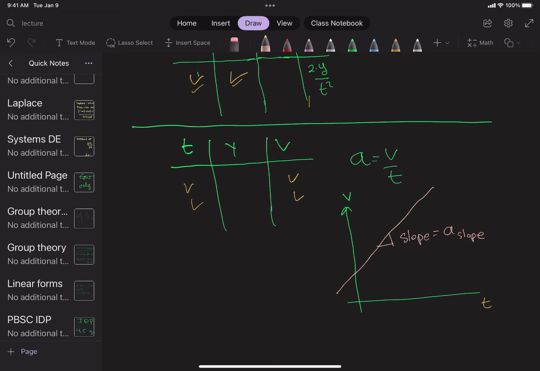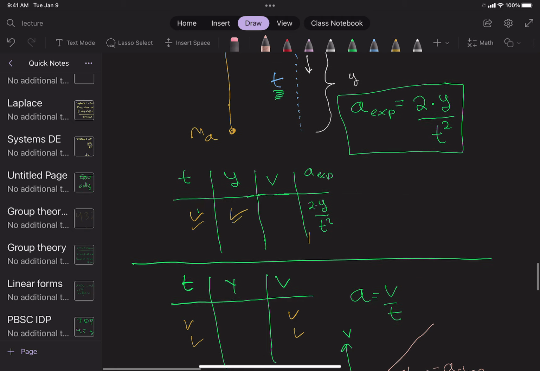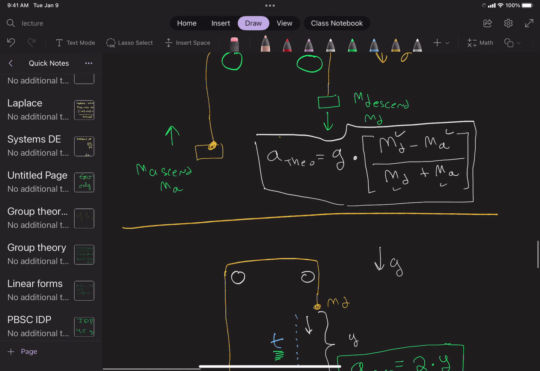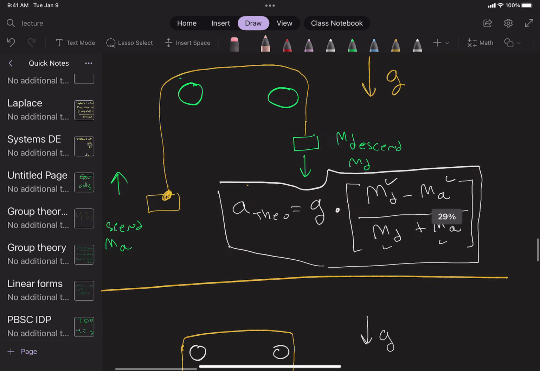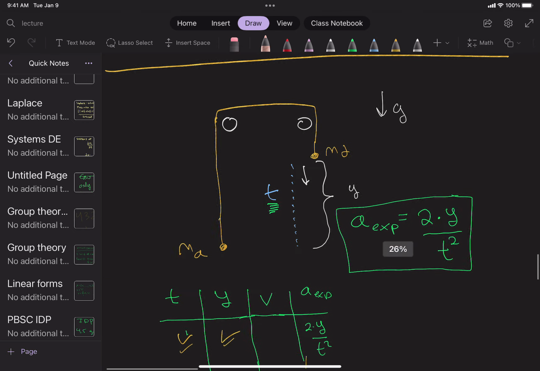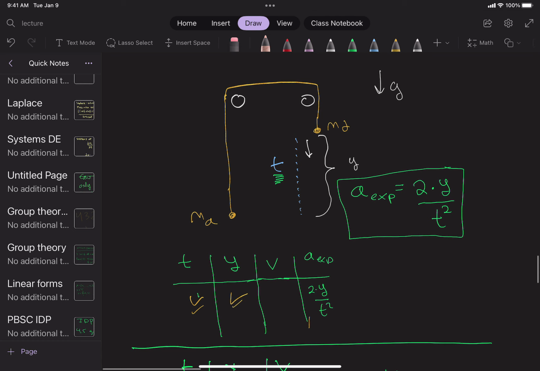So in today's lab, you're going to get the acceleration 3 different ways. You're going to calculate it theoretically for the Atwood's machine just by using the masses. Then you're going to watch these 2 masses move, letting one drop and one rise. From there, you'll get a table that has time and position.